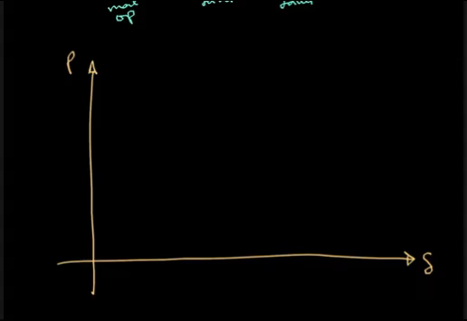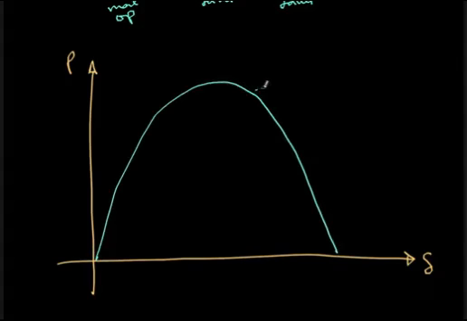So under normal operation, that is before the fault, this is my curve. Let's call this curve A. This is P before fault. Then during the fault, the power capacity is reduced. So this is a curve.